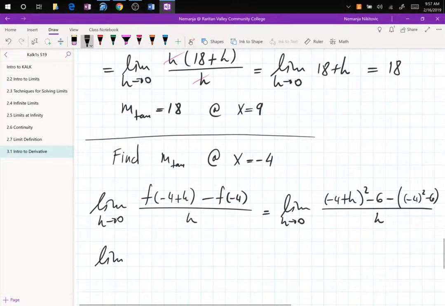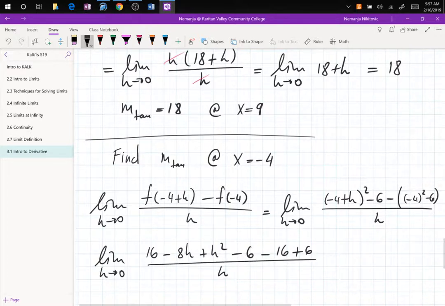Expand everything. We have 16 minus 8h plus h squared minus 6 minus 16 plus 6 divided by h. Cancel 16s, cancel 6s.